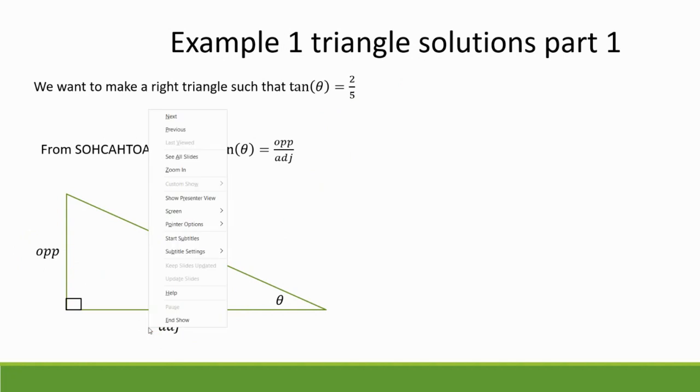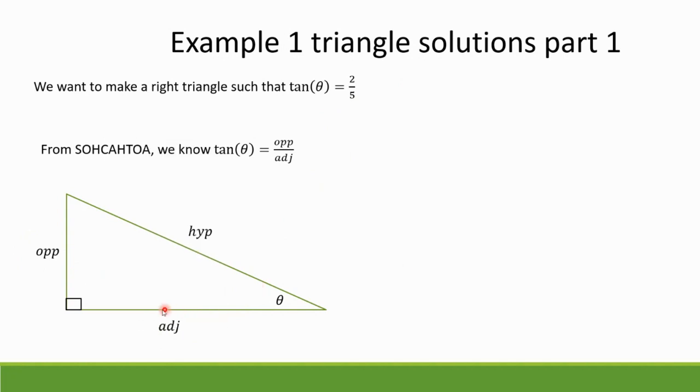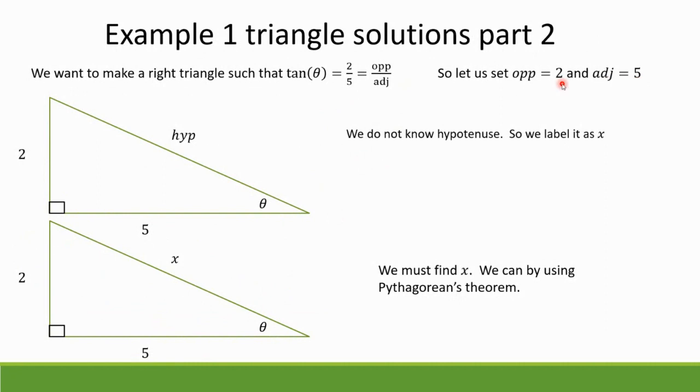So OPP becomes 2, ADJ becomes 5, as in this slide. So we have this right triangle. And from here, you should be able to see, using SOHCAHTOA, that tangent of theta is opposite, which is 2, divided by 5, which is the adjacent.